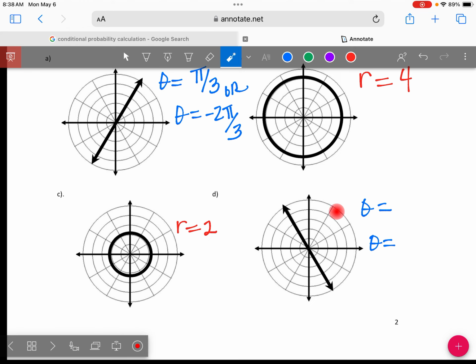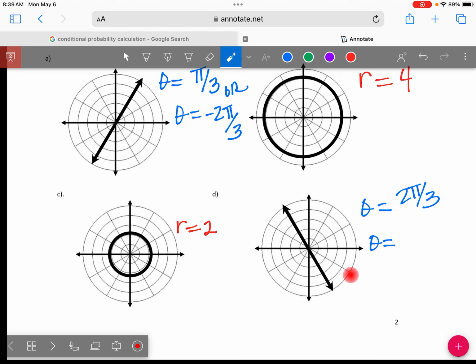This would be 1, 2, 3, 4. 4/6 reduces to what? 2/3. And then I could have kept going. I could have hit this part positive and said 1, 2, 3, 4, 5, 6, 7, 8, 9, 10. That would have been 10 over 6, which reduces to 5 over 3. But I want to do a negative, so let's go backwards.